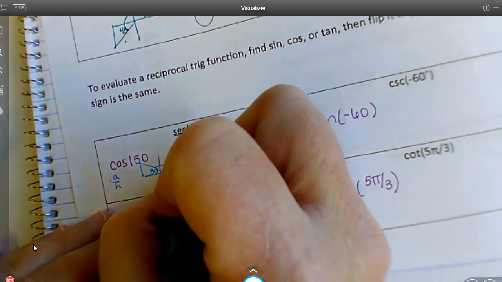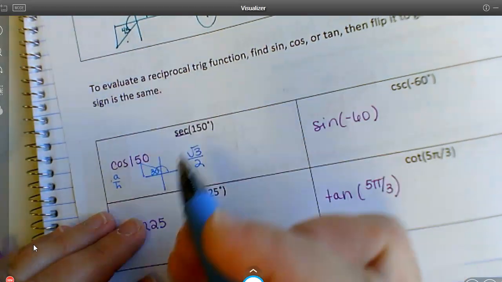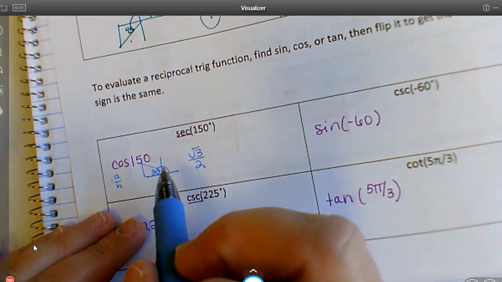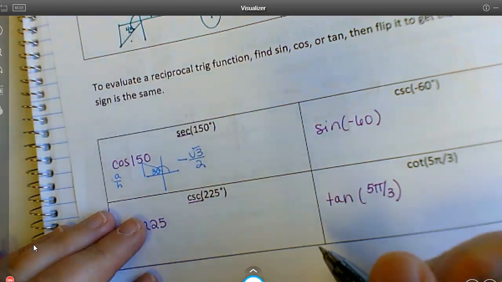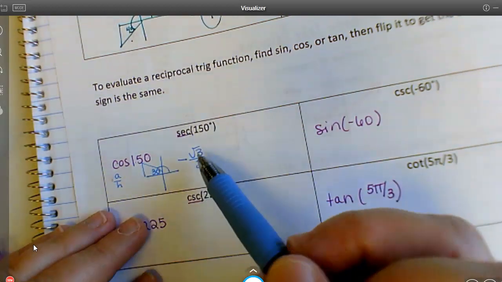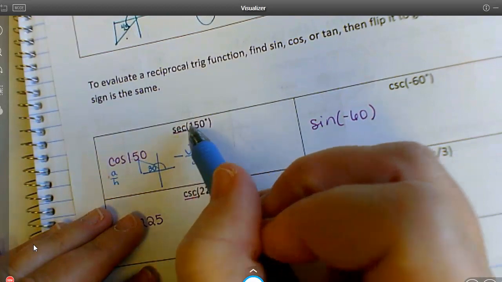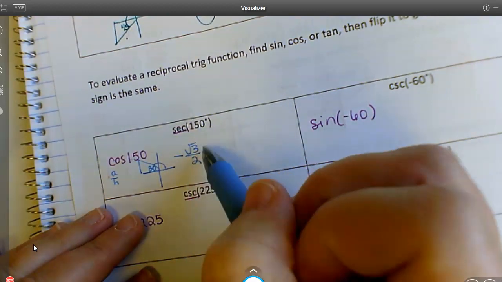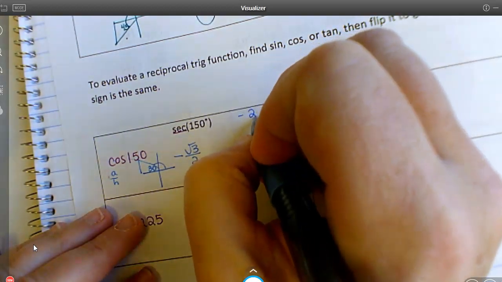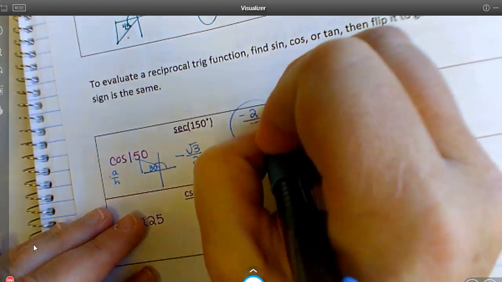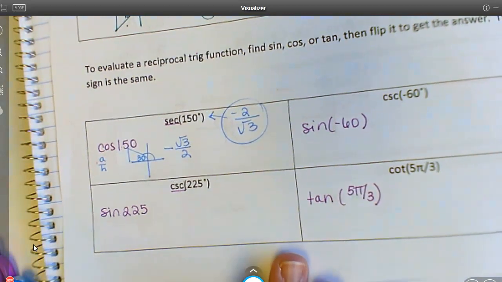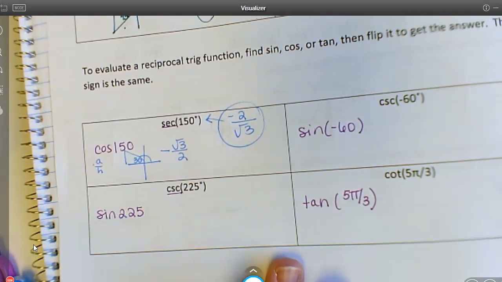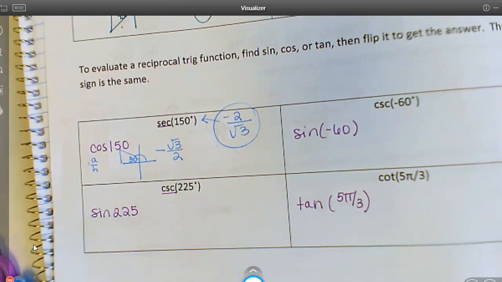Okay. So square root of 3 over 2. Think about ASTC. Cosine is negative in that quadrant because sine is positive, so that's negative. Now, that's what cosine of 150 is. So if I wanted to find secant of 150, I would just flip that and make it negative 2 over square root of 3. And the negative can be on top or bottom, just as long as there's a negative.